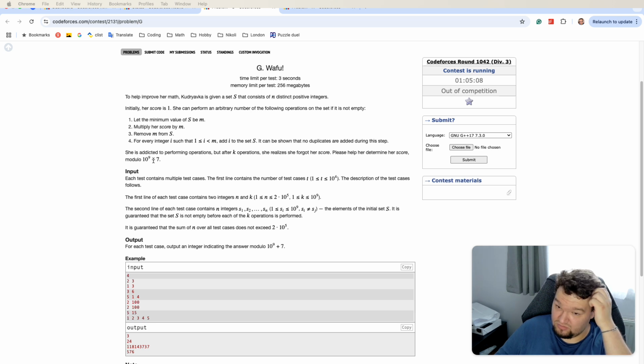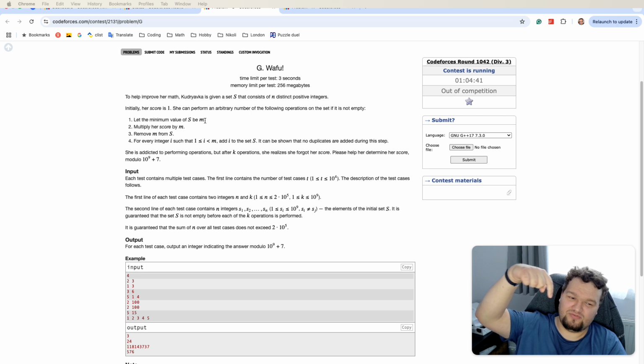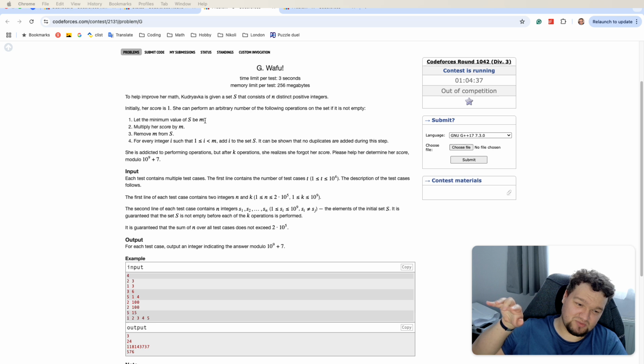That sounds pretty cool. This sounds to me like an operation with binary numbers. If we look at the binary number, take the minimum position of 1, then remove it but insert all the ones before that.